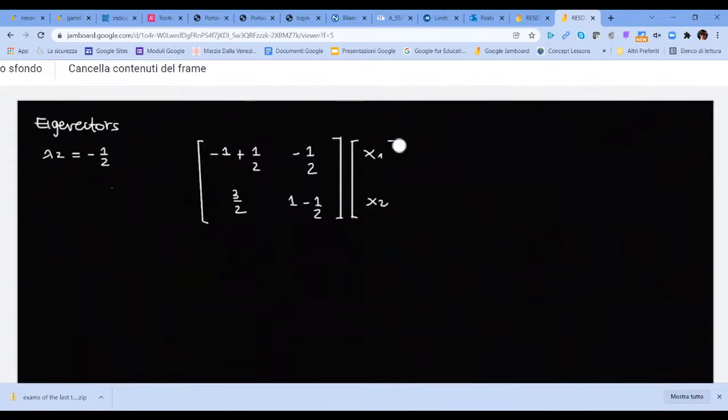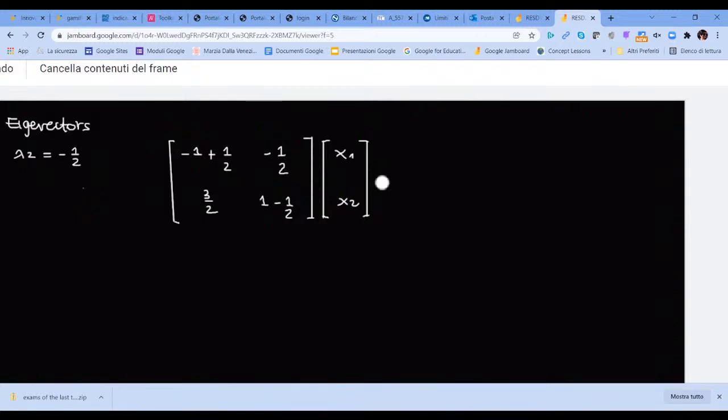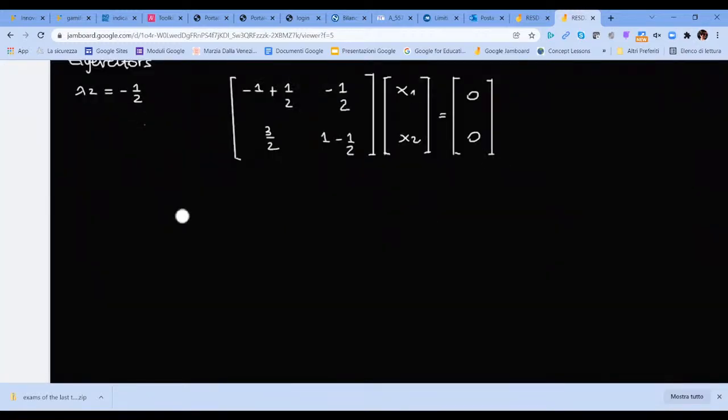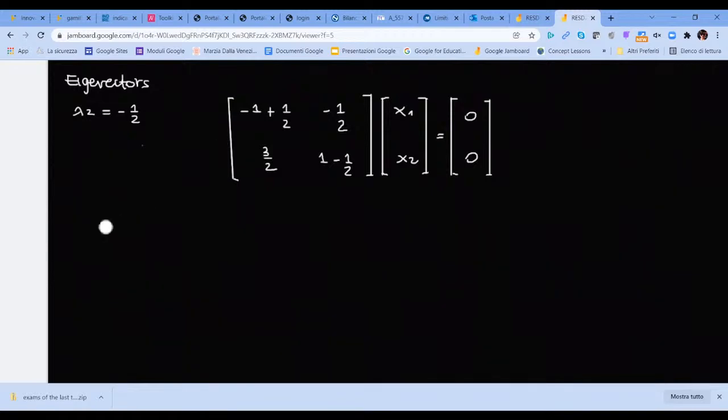If you study more linear algebra in the future, we are looking for the kernel of the linear function of this matrix, but you don't need to remember that. So we have then the system minus 1/2 x1 minus 1/2 x2.